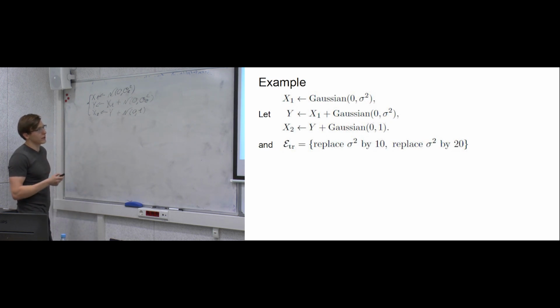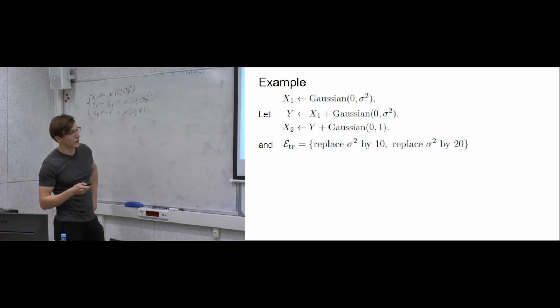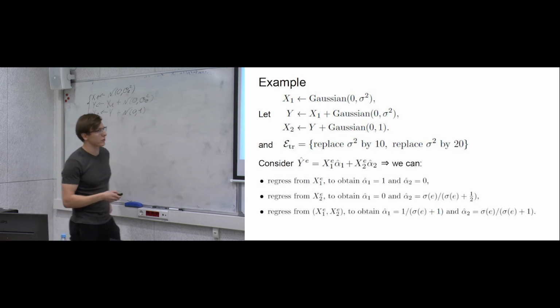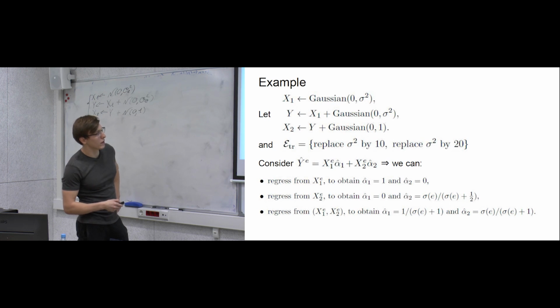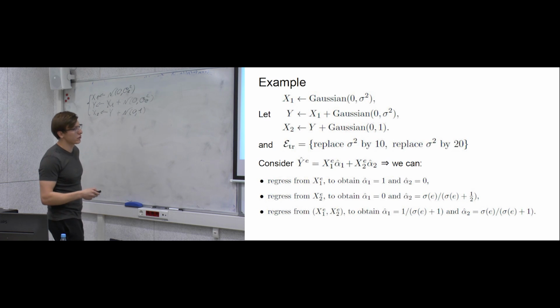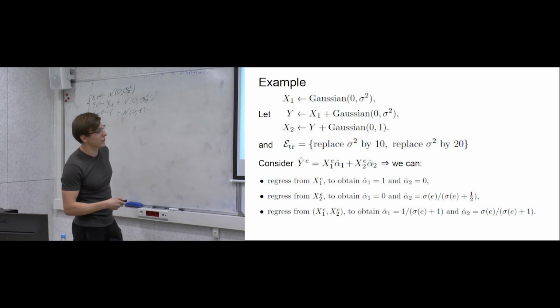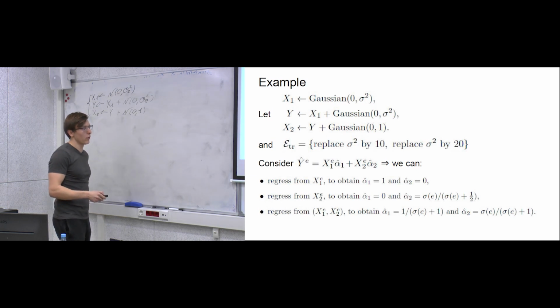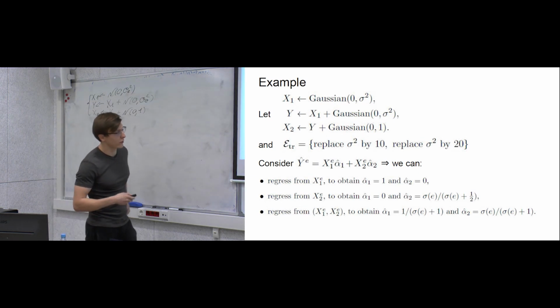Okay, so we have this setup, and we imagine that we are just building a linear regression on top of it. So we can regress from only x1, our causal variable, and obtain these coefficients, 1 and 0. We can regress just from x2, the spurious variable, and obtain the following coefficients. And we can regress from both and obtain those coefficients.